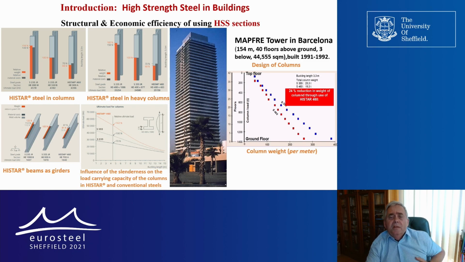One of them is Mafre Tower in Barcelona, realized in 91, 92, where the application of 460 steel grade reduced the weight of the columns by 24%.